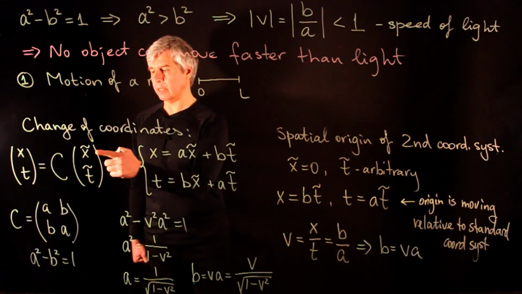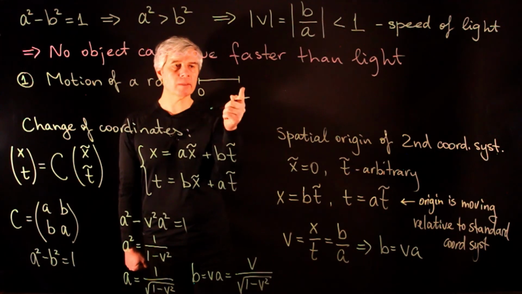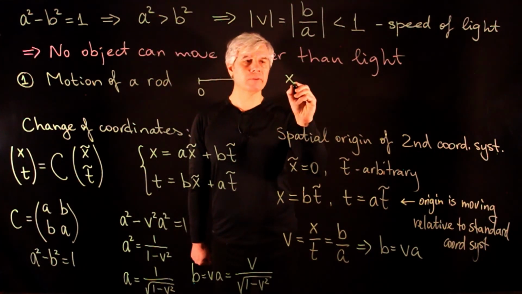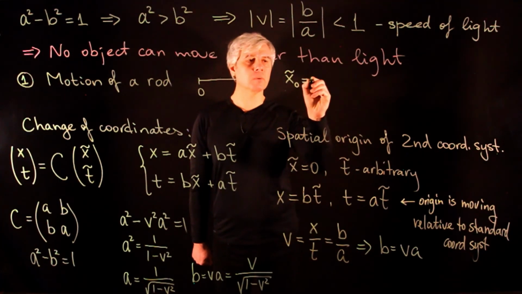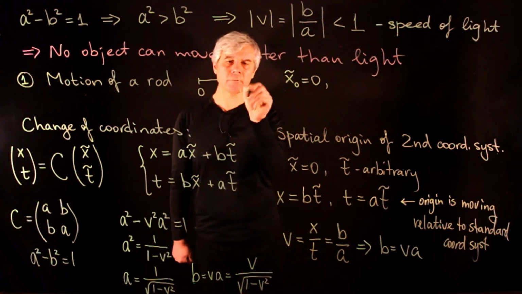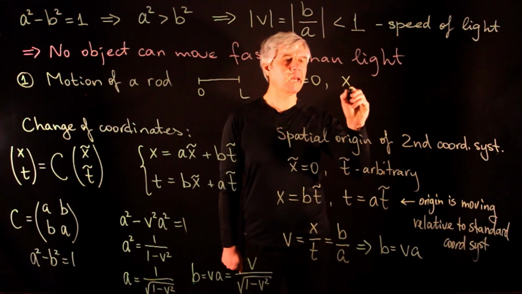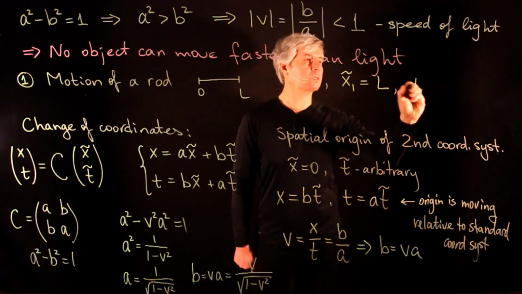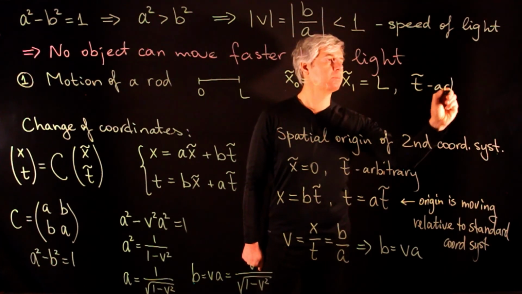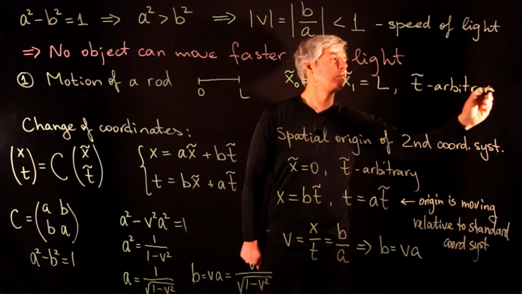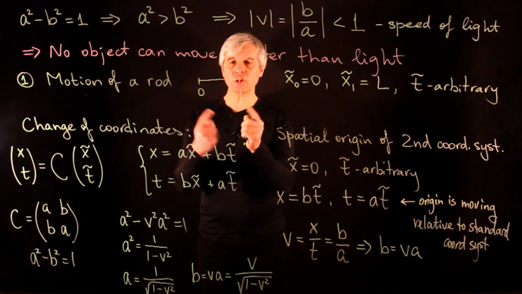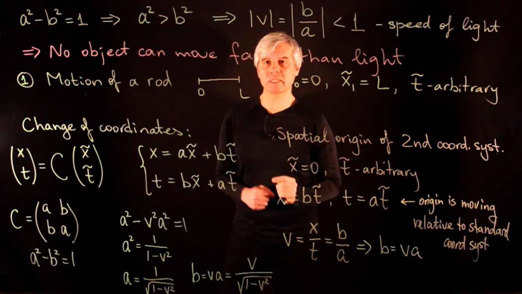So we have the left end of this rod and the right end of this rod. So the left end will have x0 tilde equal to 0, and the right end of the rod will be x1 tilde equal to L. And here t tilde is arbitrary. So this means that this rod is stationary in the moving coordinate system.